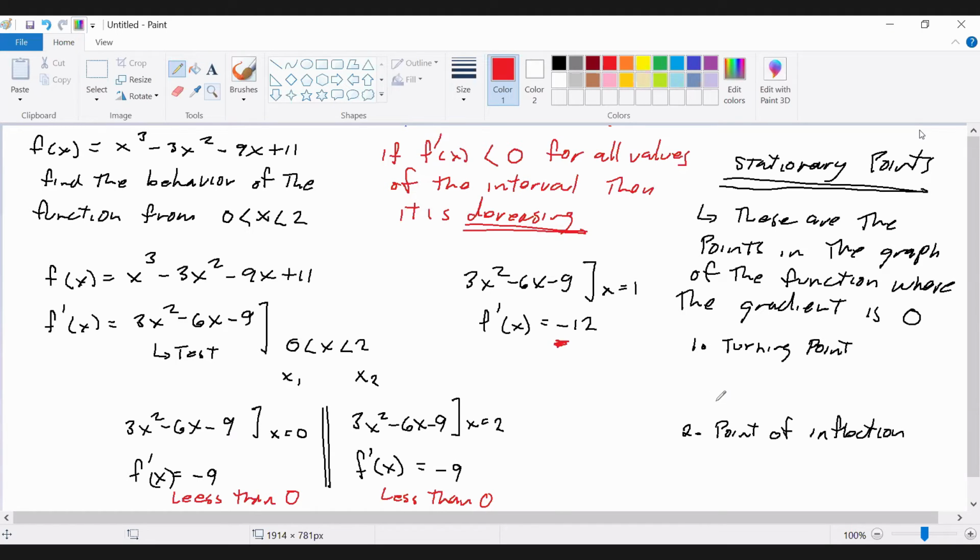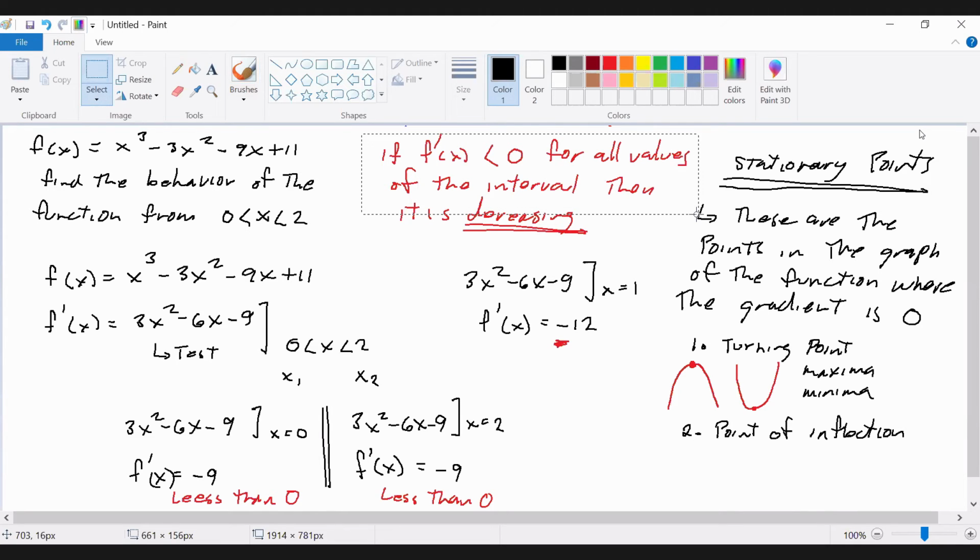If you have a parabola, at that vertex over here, this is called a turning point, wherein the graph goes up and then turns and moves to another direction. So a turning point can be of two types. It can be a maxima or minima.